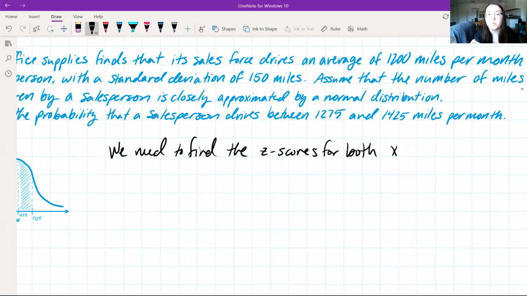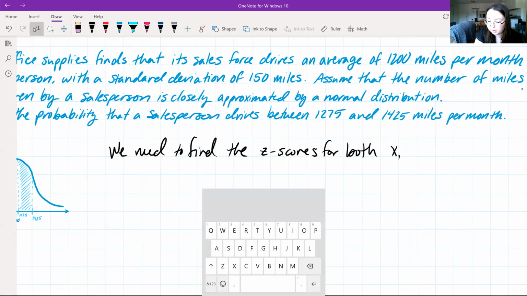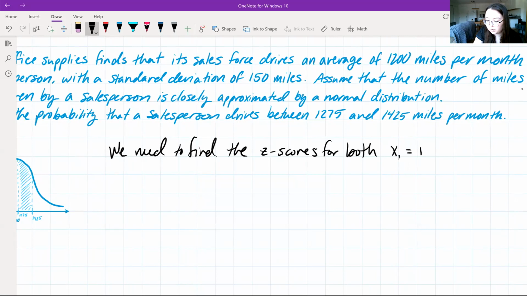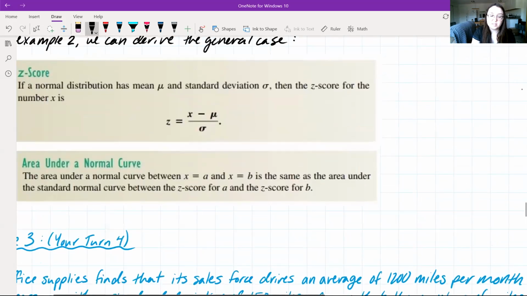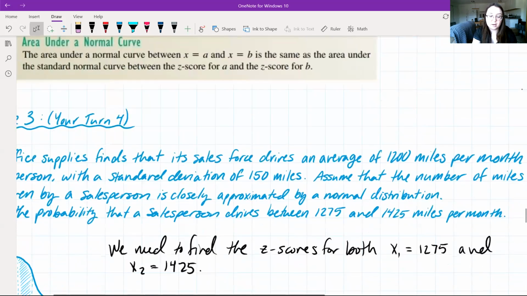We're going to label this x1, our first value here. x1 is going to be equal to 1,275, and then x2, our second value, is 1,425. So starting with x1, we can say x1 is equal to 1,275. And now we need to use this general case of the z-score. We have z is equal to x minus mu divided by sigma.